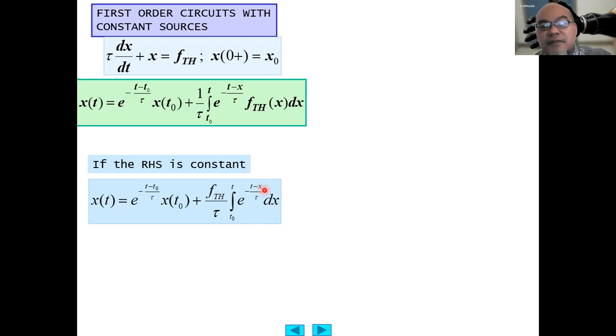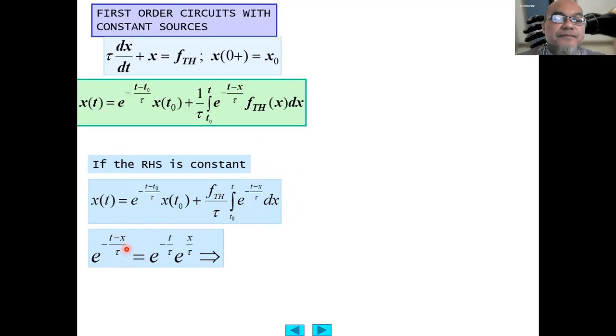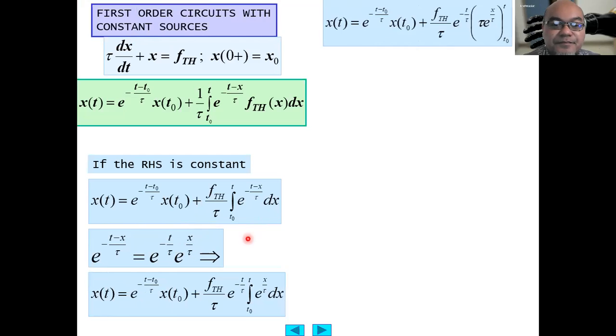We can simplify exponent minus (t minus x) over tau into exponent minus t over tau times exponent plus x over tau. For those of you who have not understood yet how this can be like that, please review again your calculus or engineering mathematics. This is one of the characteristics of the exponent function.